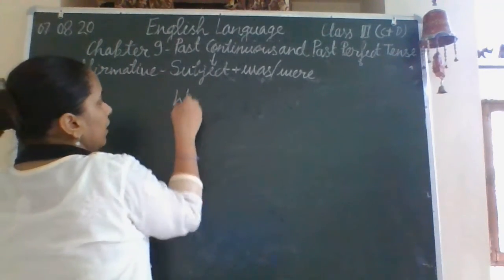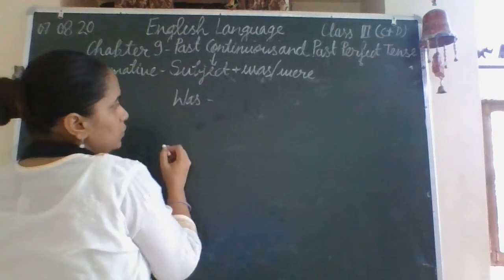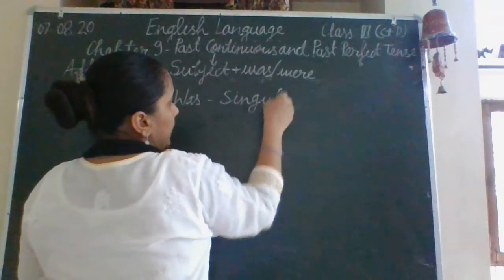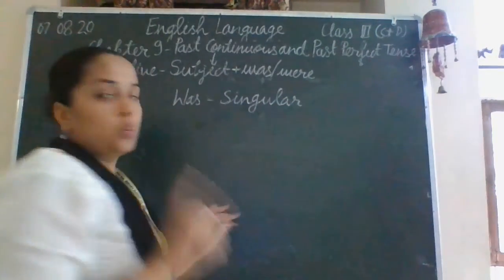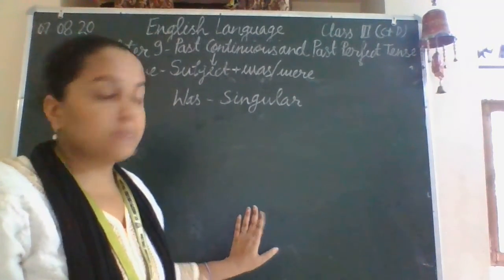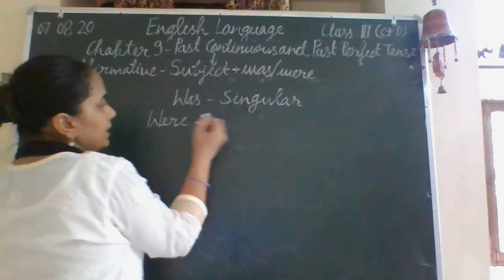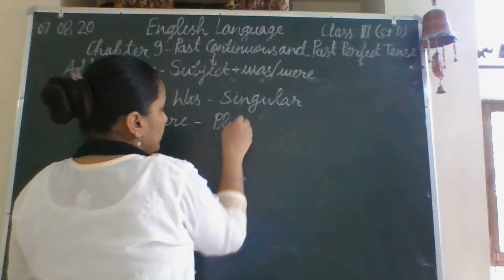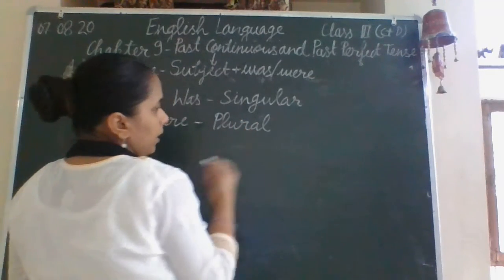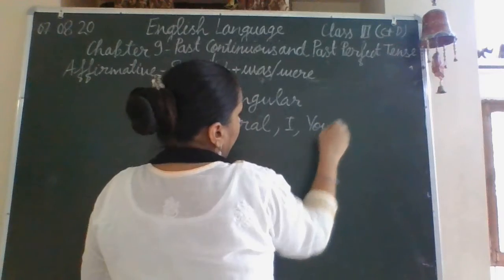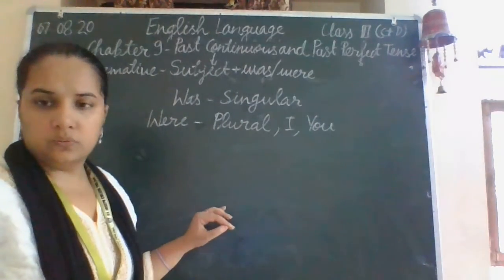Was will be used with singular, when your subject is one person only, and were will be used with plural, and with I and you.